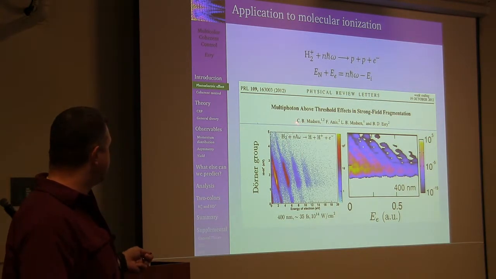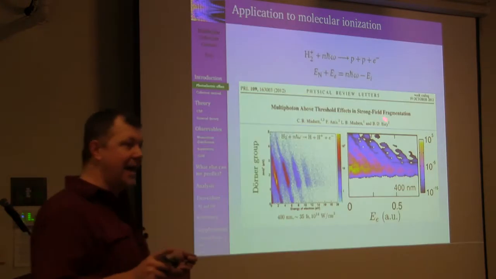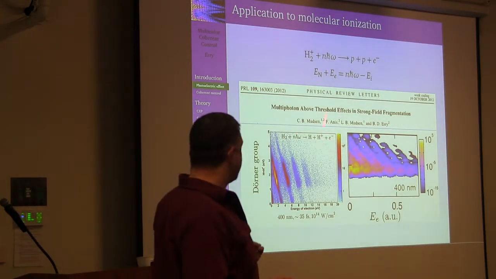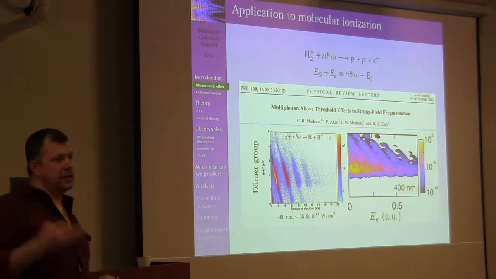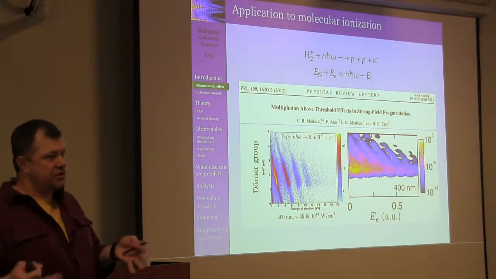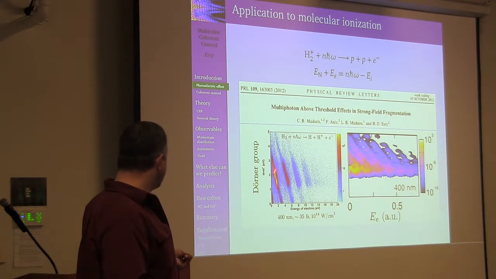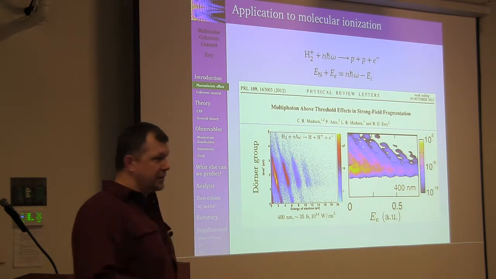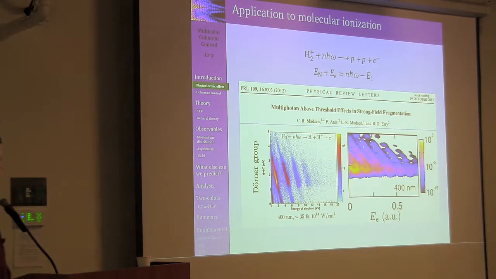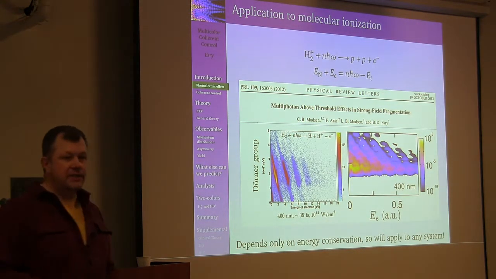He did H2 plus a strong field and measured the outgoing hydrogen atoms, neutral, a proton and an electron. Okay? But that's still 3 particles in the final state. And I said it's only energy conservation, so it doesn't really matter what those 3 particles are. If you measure all their energy and you plot it, you're going to see these multi-photon peaks. And so the experiment saw exactly that. Okay? And we expect to see that essentially in any system.